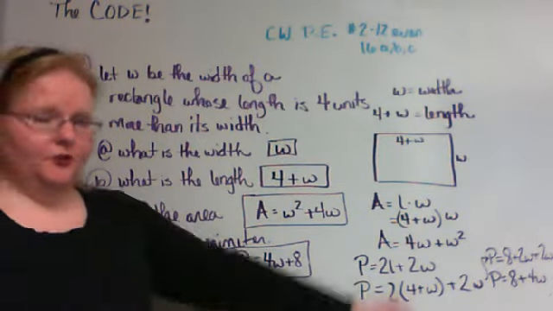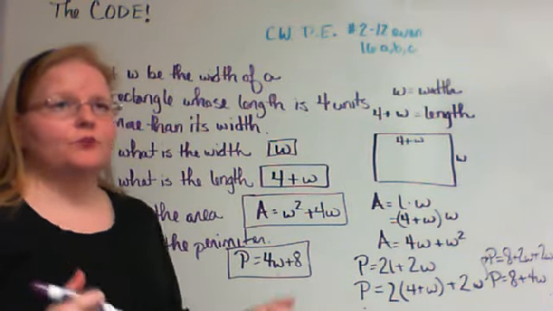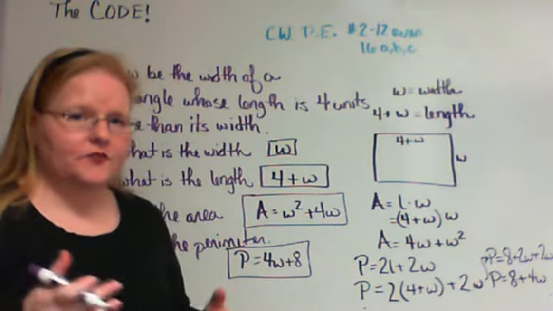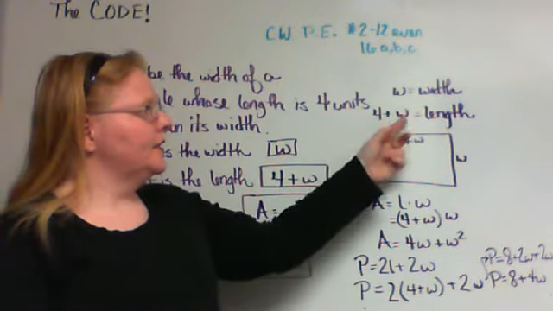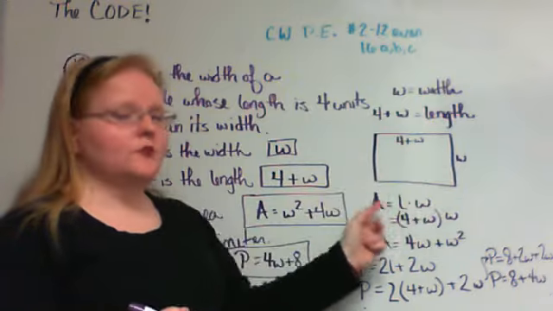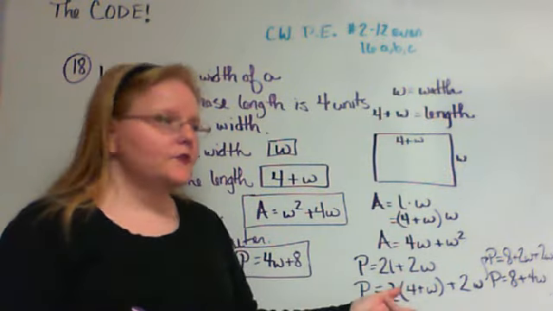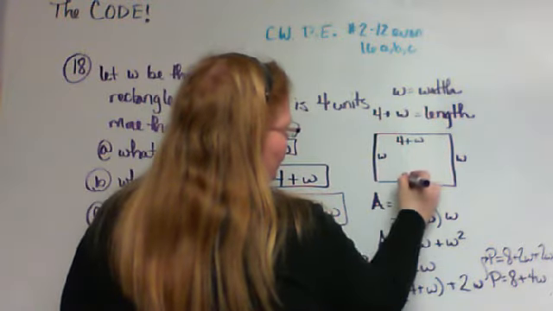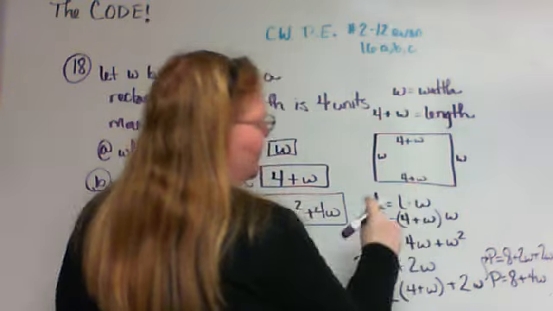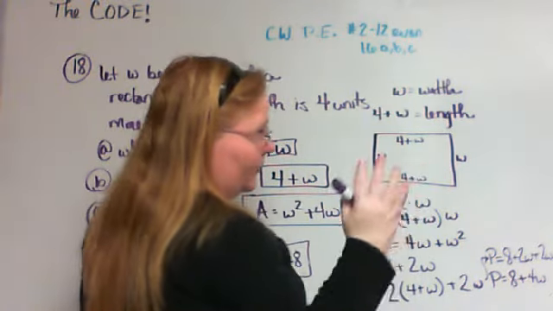But you see how I showed my work? Showing your work is important, but the most important thing for these kinds of problems where you have to label stuff is to go ahead and label it out so that you can see what you're talking about. Because even if they wouldn't have given you the formulas, you could have come up here and said, this side is W and that side is 4 plus W, which means my perimeter is going to be W plus W plus W plus W. That's 4 W's.